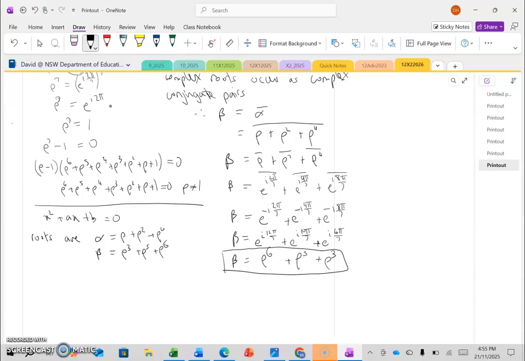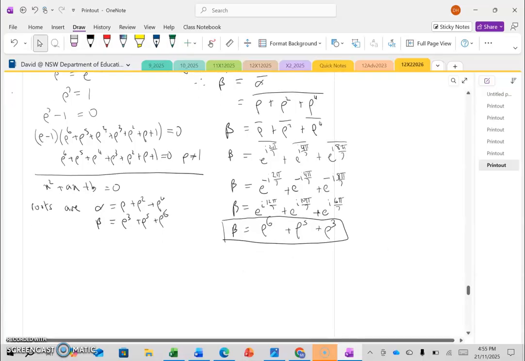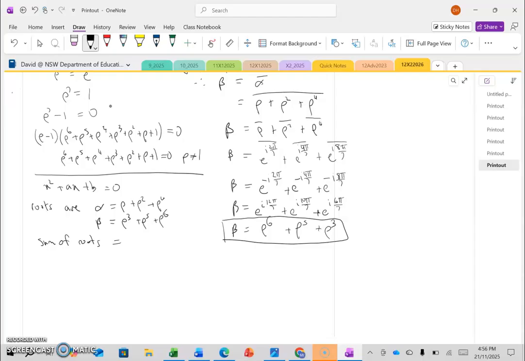So to form these coefficients, we're going to use sum and product of roots. So sum of roots should be negative a. If I sum the roots, I'll get rho plus rho squared plus rho to the 4 plus rho to the 3 plus rho to the 5 plus rho to the 6 equaling negative a.